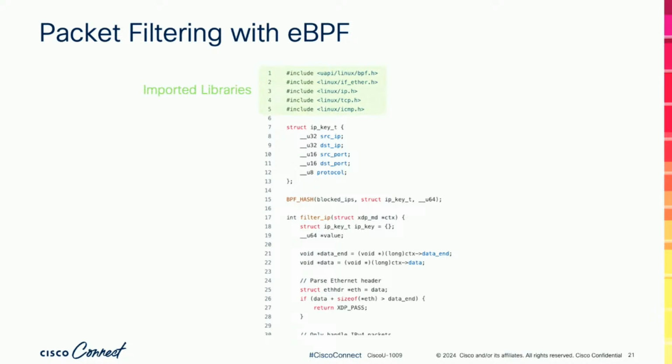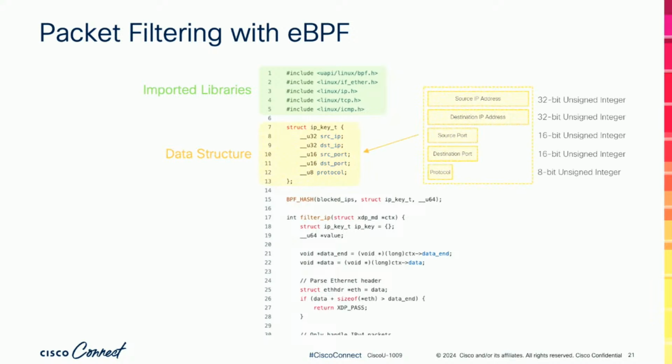But to start, we import these libraries here into our C program, and that includes things not just for BPF, but also for IP, TCP, and ICMP as well. We then create the data structure that we're going to use for our eBPF map. And again, that maps over to the things that we discussed earlier: the source and destination IPs, the ports, as well as the protocols.